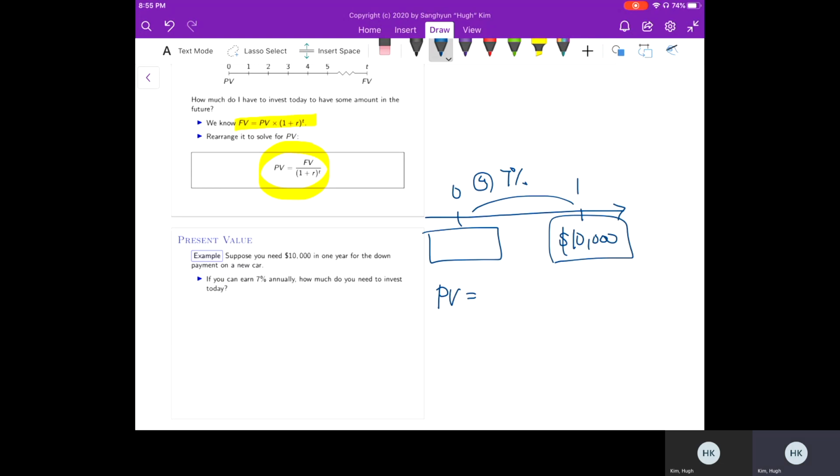The present value is equal to future value, $10,000 divided by 1 plus R, which is 1 plus 0.07, and T is 1.